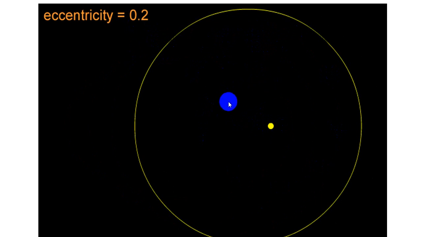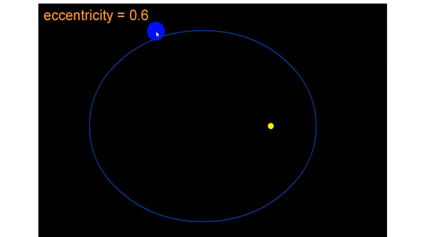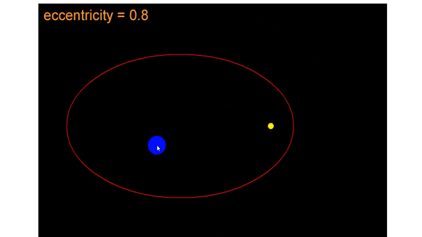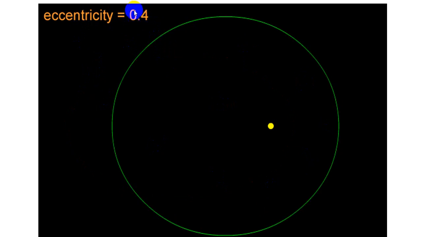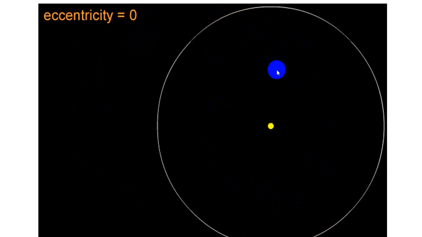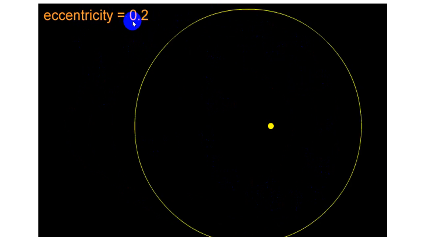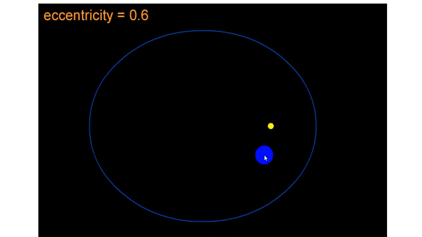If we go down, it will be 4, 6, 8, so more oval. The more the eccentricity decreases, the more the shape becomes a circle, and the more it increases, the shape changes to the oval, our ellipse.